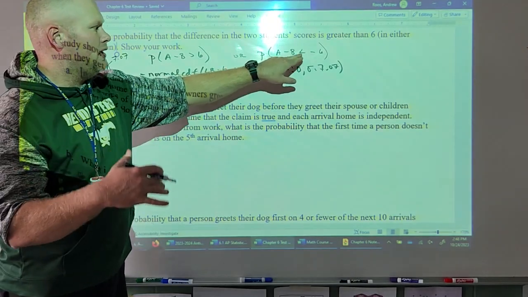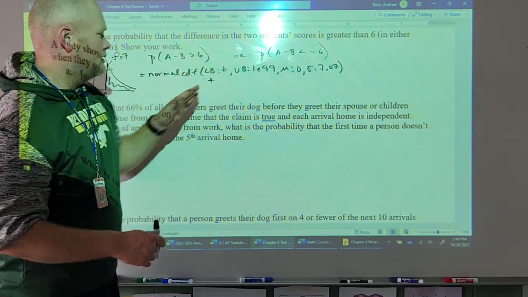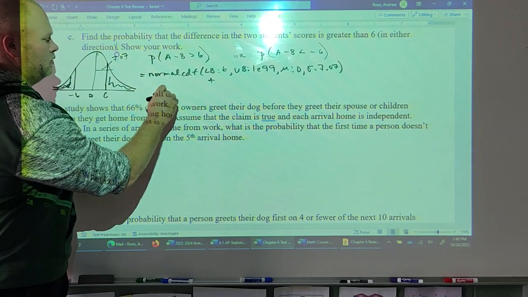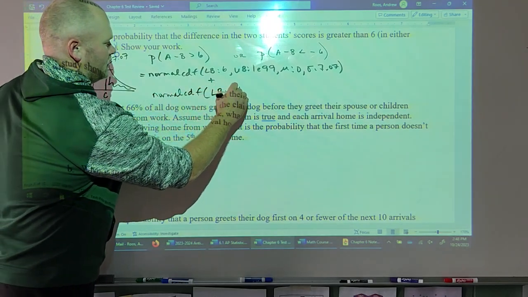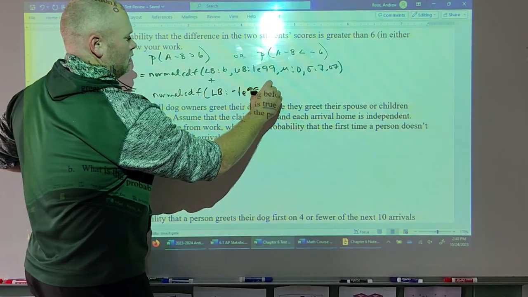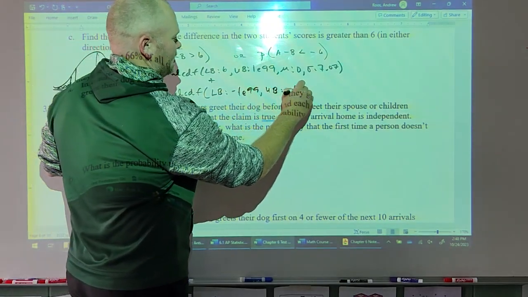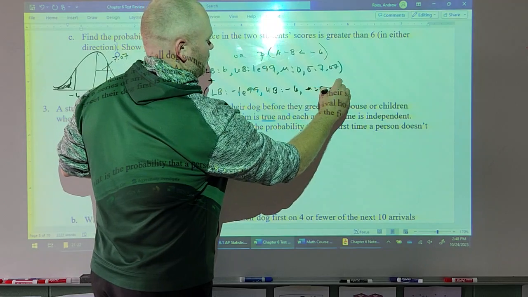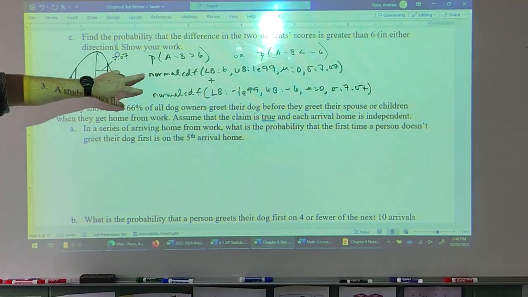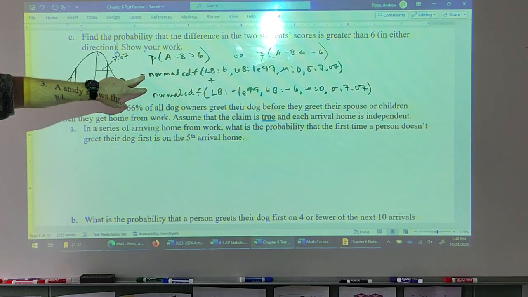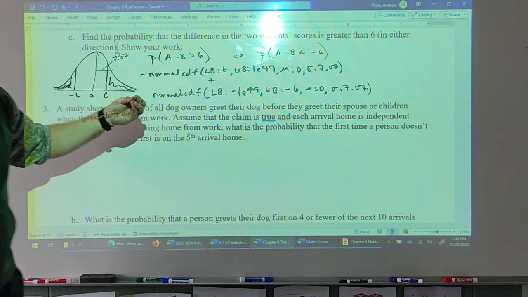So normal CDF again, but less than negative 6. So lower bound negative infinity, upper bound negative 6, mean 0, standard deviation 7.07. So we have two different calculations we got to do here. When we do those, we add them together.